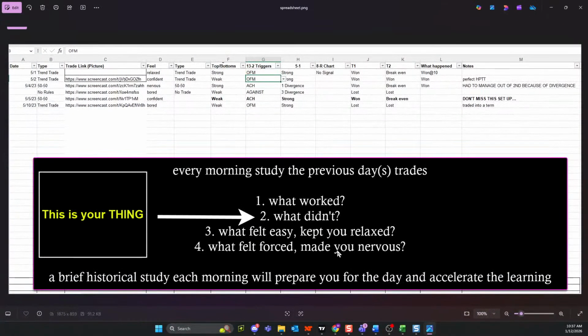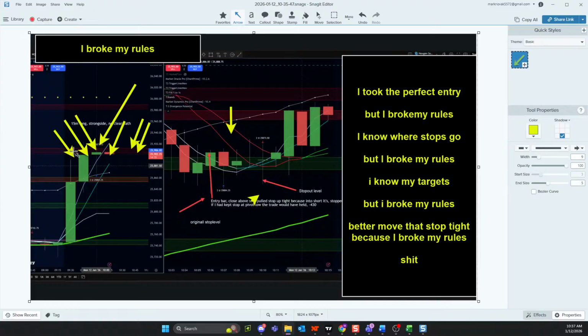They make you nervous. And how can I manage the perfect trade using the perfect trade management plan if it is not, in fact, the perfect trade? Now I've got to come up with an emotional plan to manage a trade.